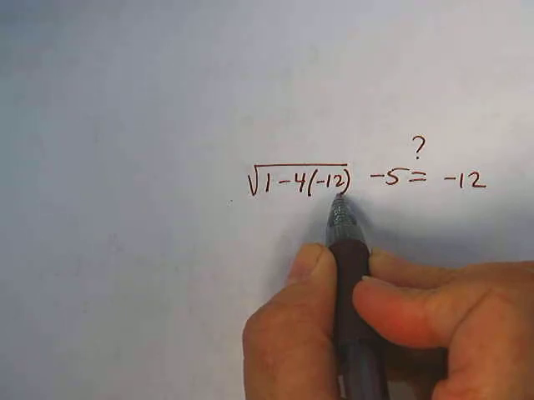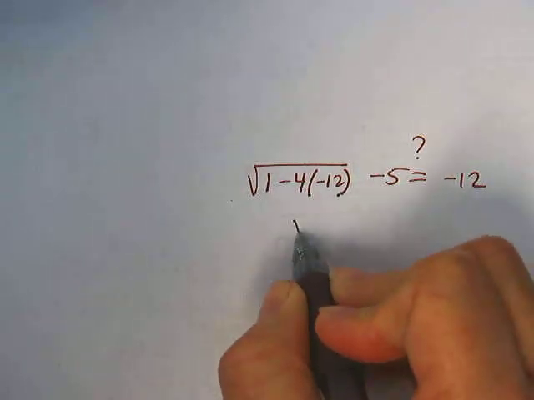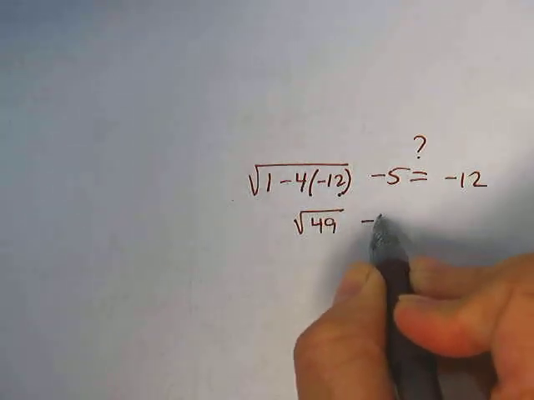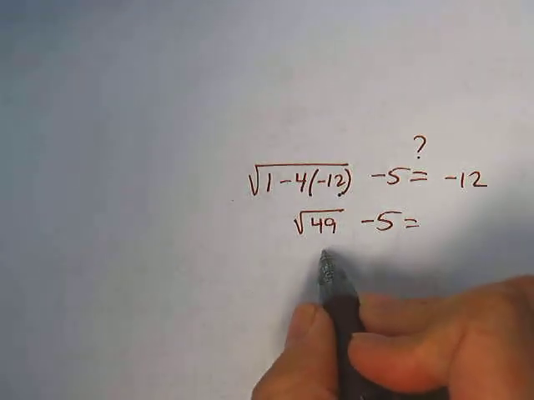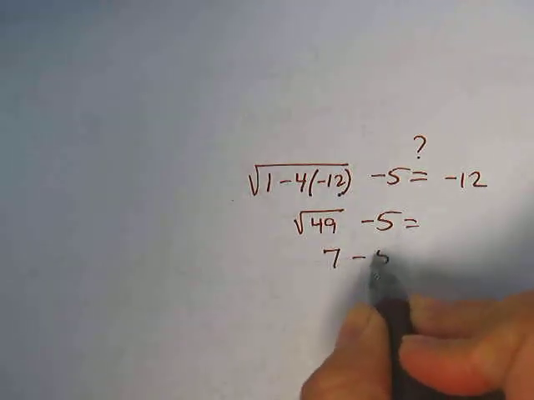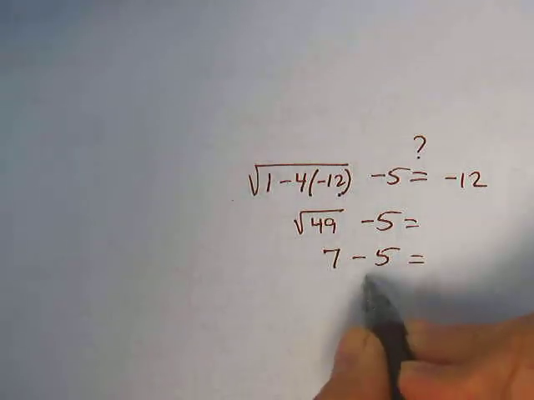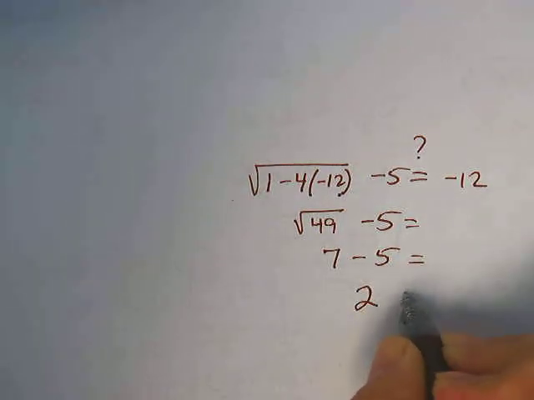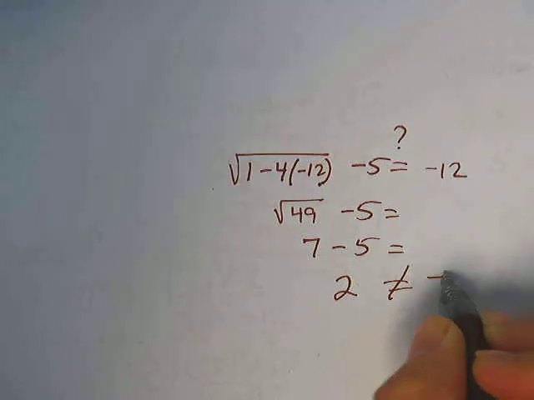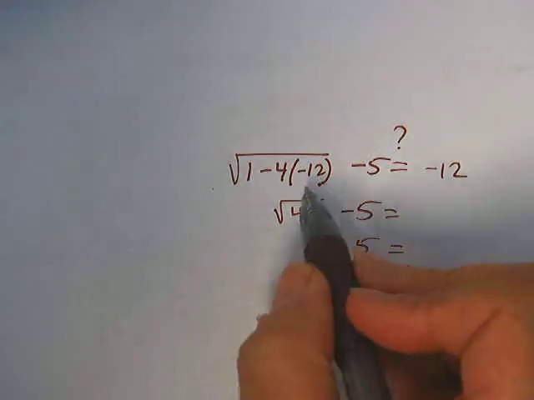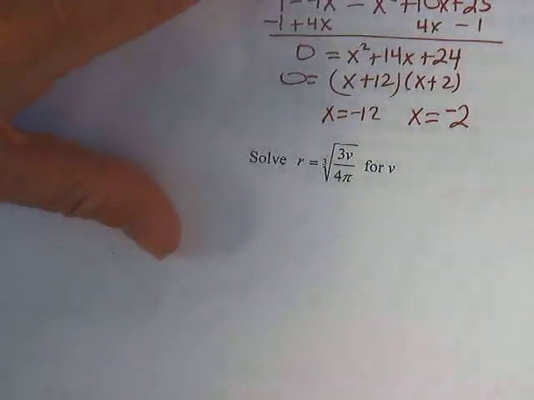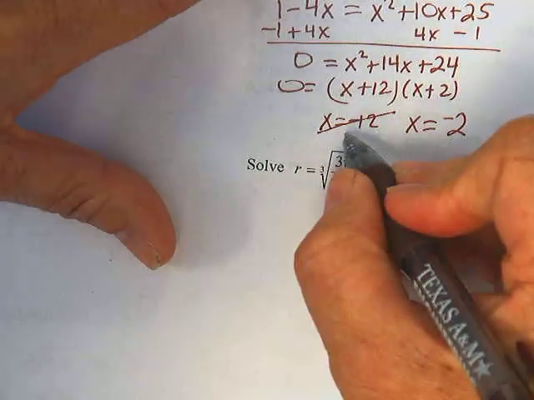Negative 4 times negative 12 is positive 48 plus 1 is 49. So square root of 49 is 7. 7 minus 5, that is equal to 2. 2 does not equal negative 12. So that tells me that negative 12 was extraneous.